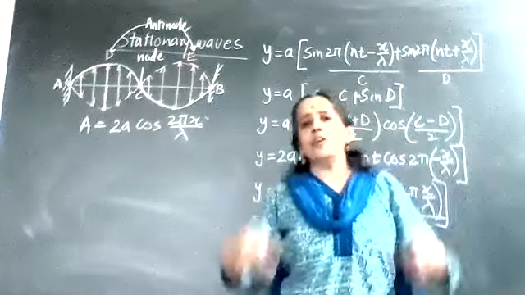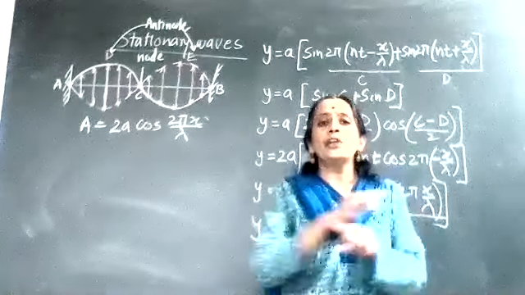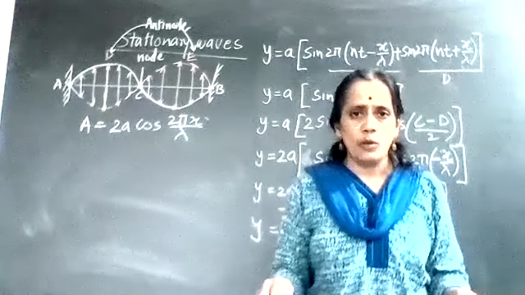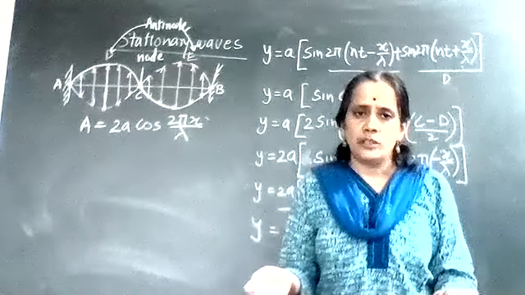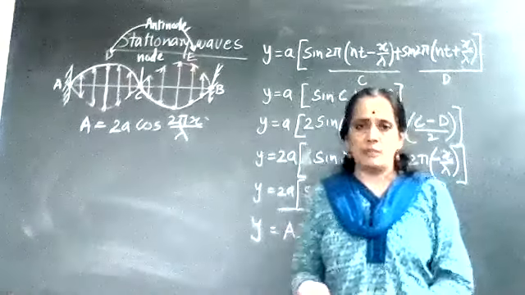So in short, what is our conclusion? At a node point, the amplitude of vibration of the particle is 0, and at an antinode point, the amplitude of vibration of the particle is maximum.